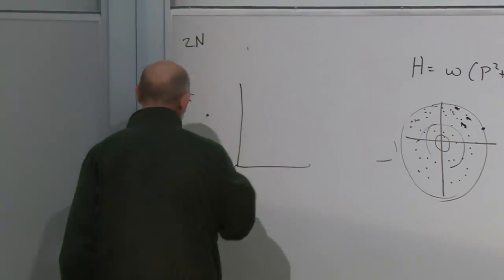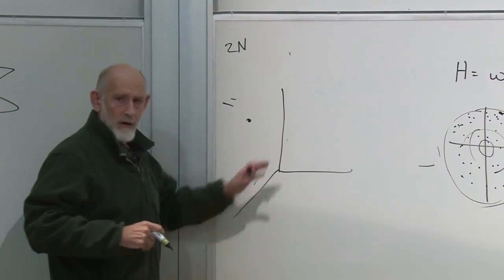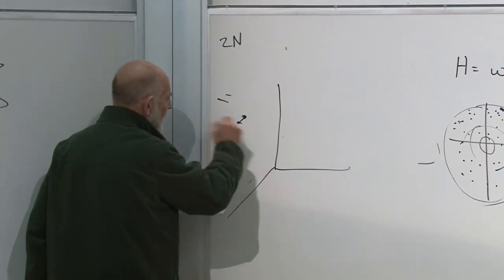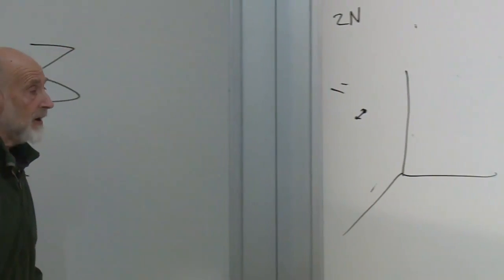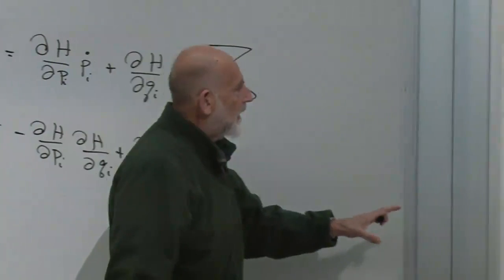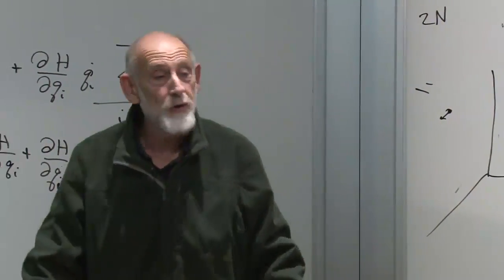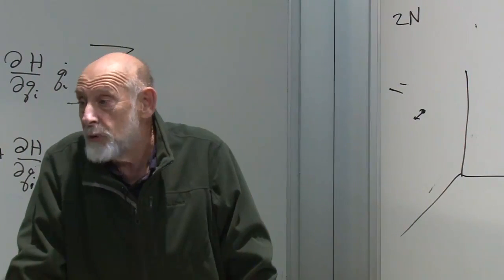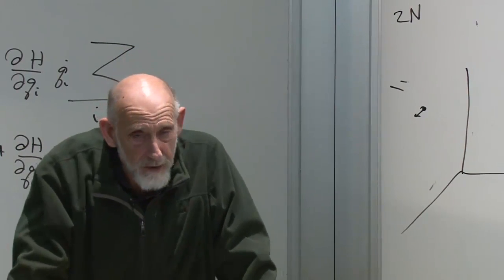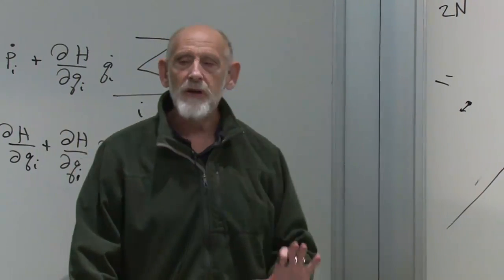Their motion, what they're doing next, only depends on where they are on the phase space. Where this particle moves next, in other words, what its velocity is. Not the velocity q dot, but the velocity in the pq space. What are the components of the velocity? What are the components, first of all, of position in the qp space? Q and p, okay? What are the components of the velocity in that space? Not the honest velocity of mechanics, but the velocity in phase space.